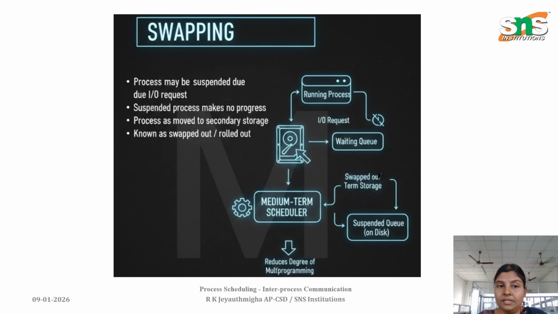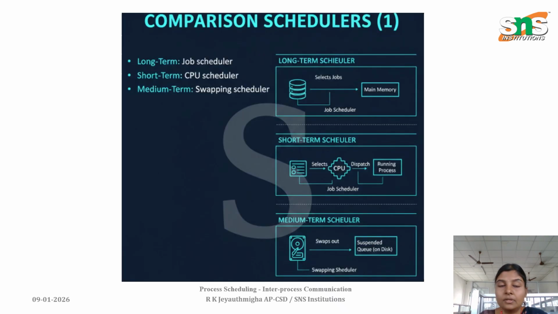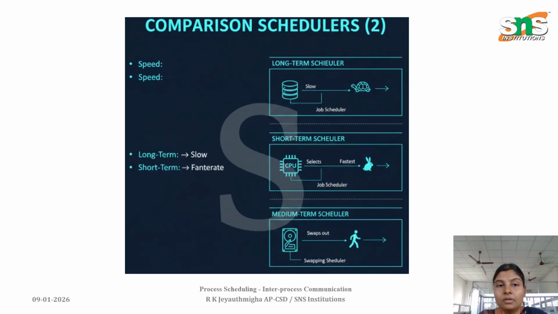A process may be suspended due to an input-output request. A suspended process makes no progress. The process is moved to the secondary storage, known as swapped out or rolled out. It's a comparison of the long-term, short-term, and the medium-term.